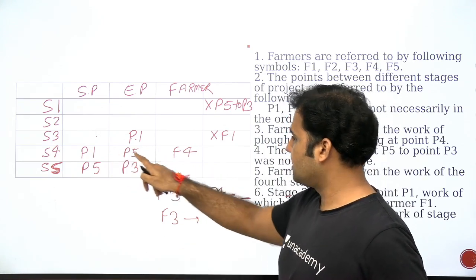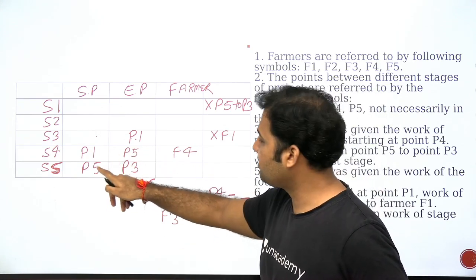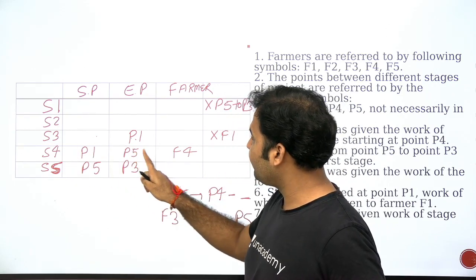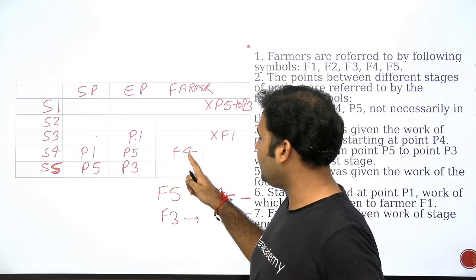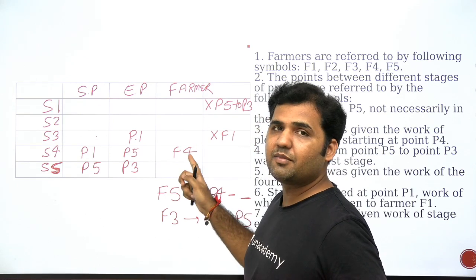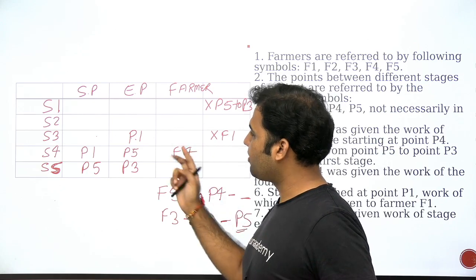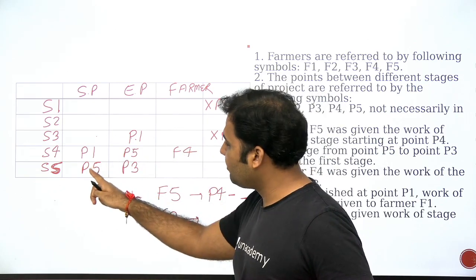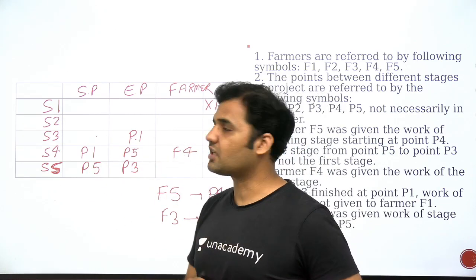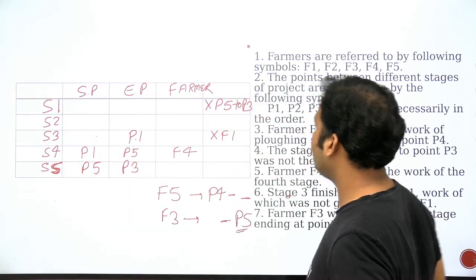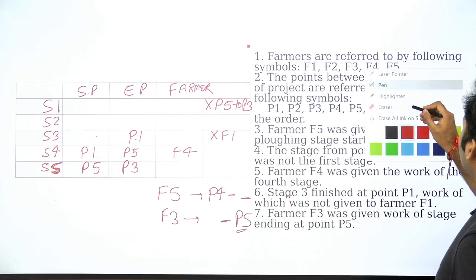But as per this assumption, if you are taking P5 to P3 over here, then stage 4 will be ending at P5, so the farmer should be F3 here. But F4 is already placed here. So there's a contradiction, right? You cannot place two farmers in front of one stage. So P5 to P3 here is a wrong assumption. If P5 to P3 cannot come over here, then it will come over stage 2, right?